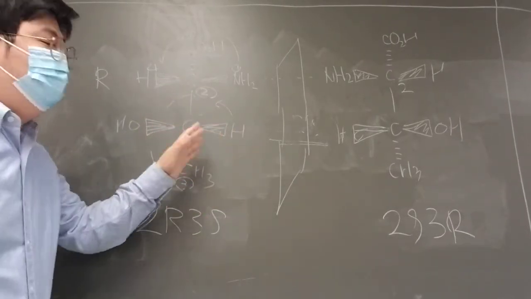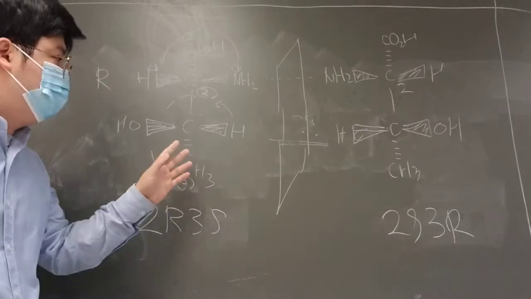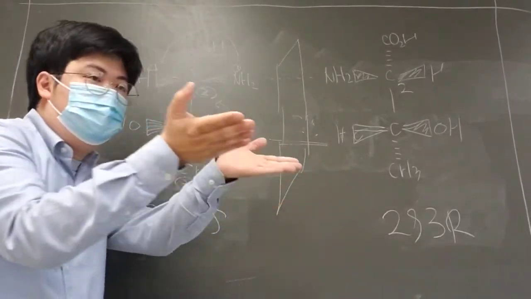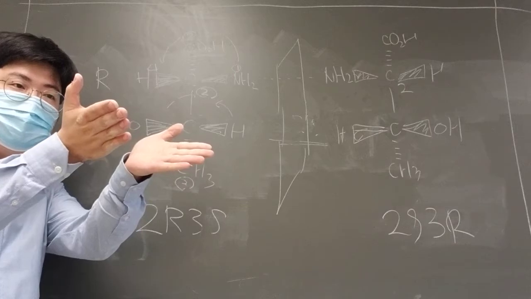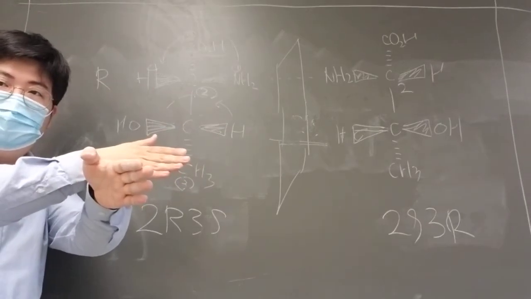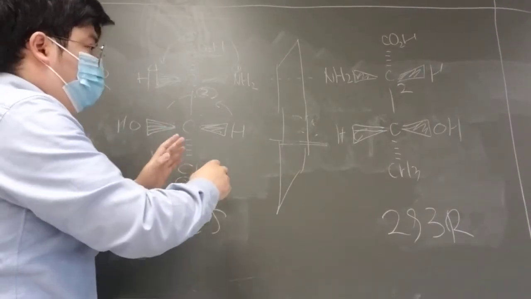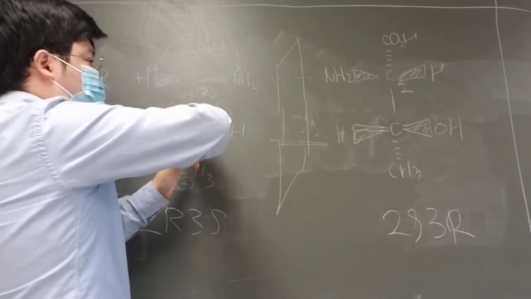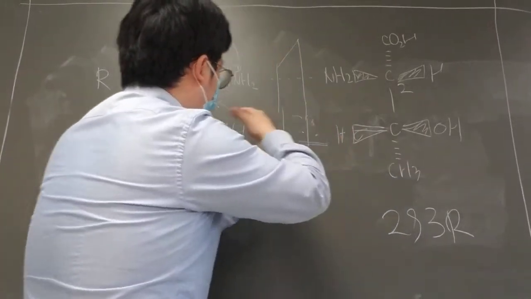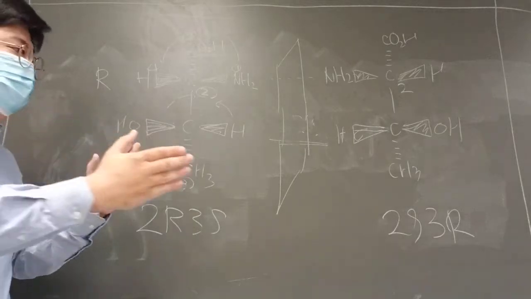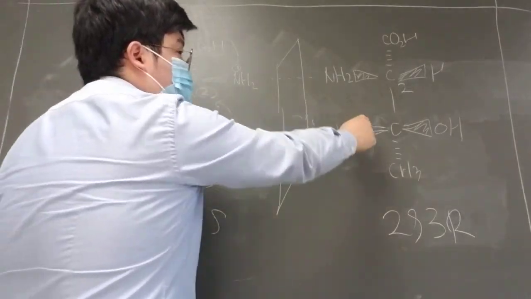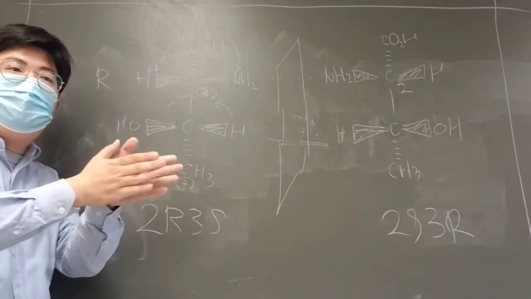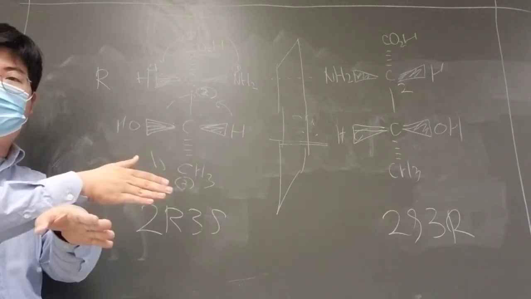Then it is an optically active compound. But these two rotate in opposite directions but by the same degree. So maybe if this is a degree to the right, this will be to the left.